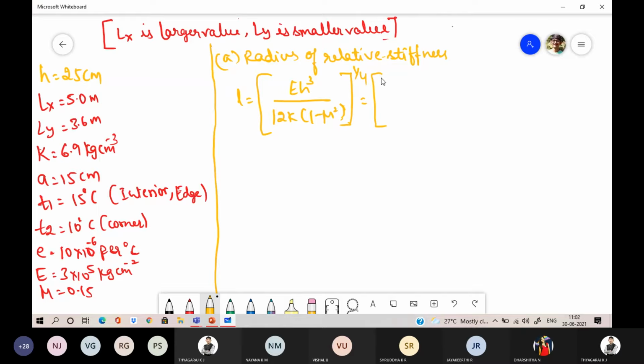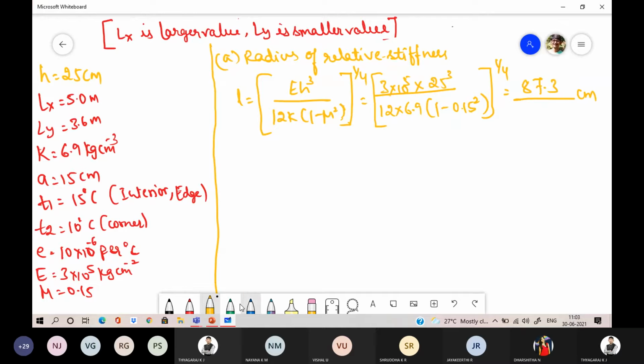So E is 3 into 10 power 5, h is 25 cubed, 12 into K value is 6.9, 1 minus 0.15 squared, whole power 1 by 4. What is the value of L? 87.3 centimeter.